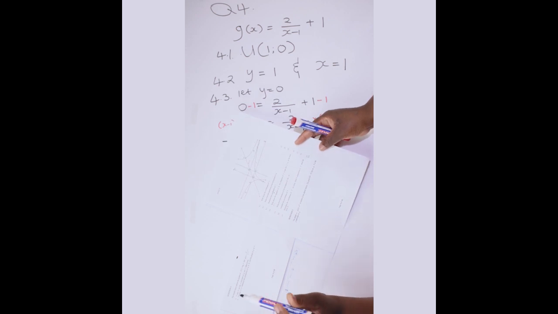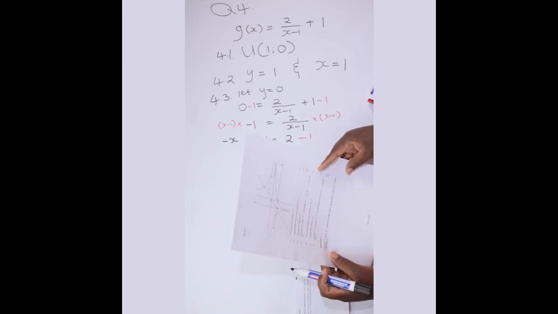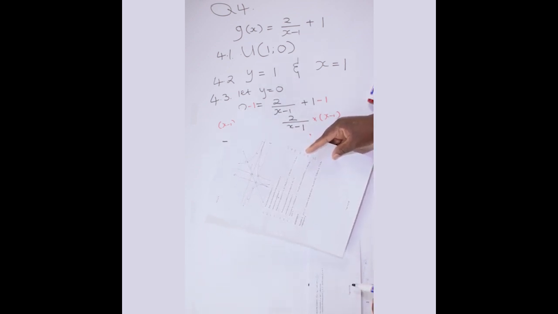So you must find its reflection along the line y equals x. Remember, the line y equals x is the line that makes an inverse of the graph. So what they're asking here is to find the inverse of the graph of f, which they did not really specify.